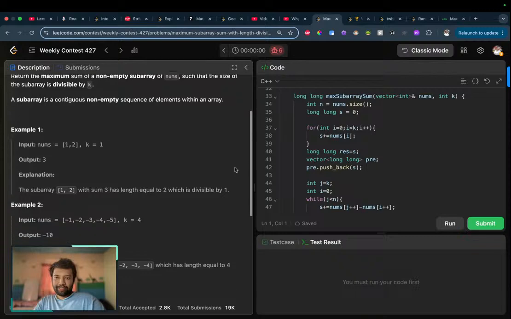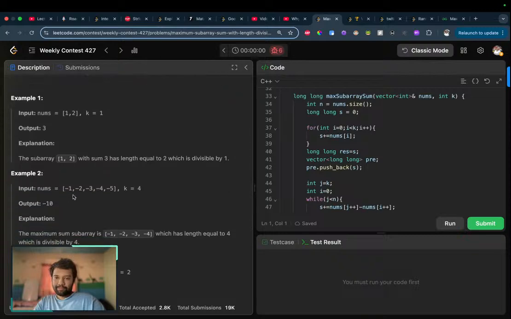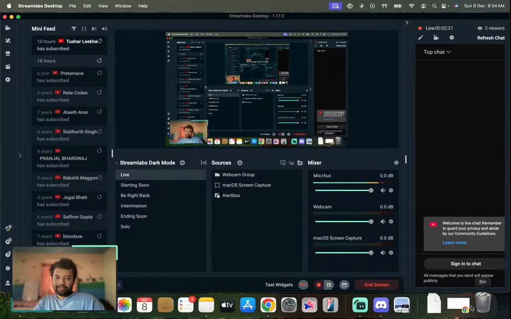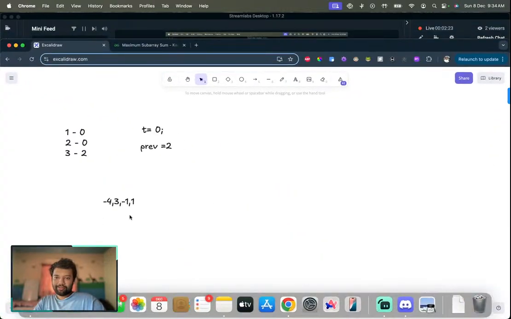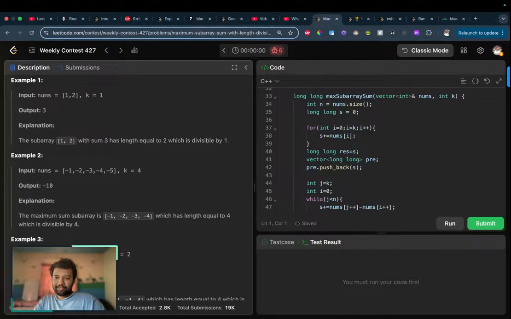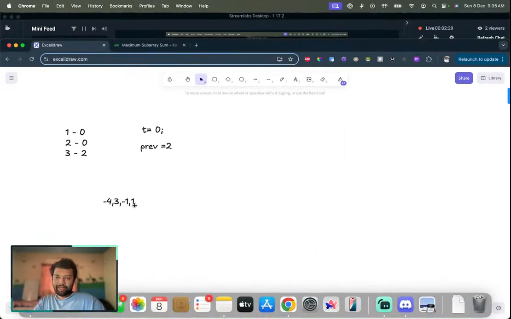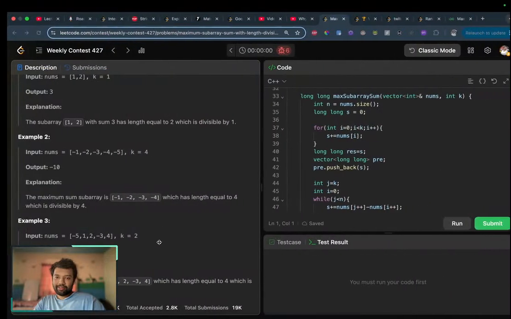What if I took, let's say, two numbers at a time? It was a hunch, and I just wrote down what would happen if I take two numbers at a time. So I got minus 4, 3, minus 1, 1.